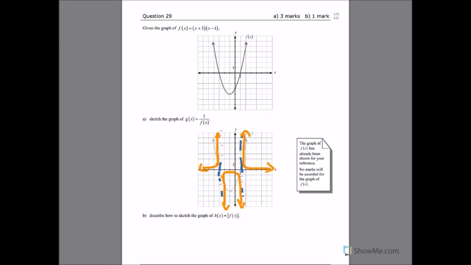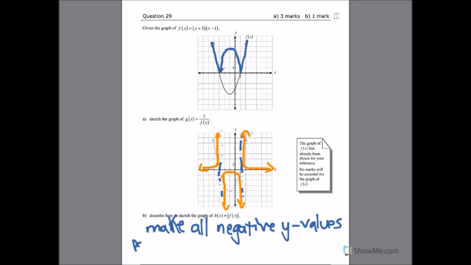Then describe how to sketch the graph of the absolute value of f of x. For the absolute value of f of x, you would just take any part that's negative and flip it up. So this part would come like that, and then these would be the same. You don't have to draw that because it just says describe how to sketch. So I would say make all negative y values positive by reflecting in the x-axis.